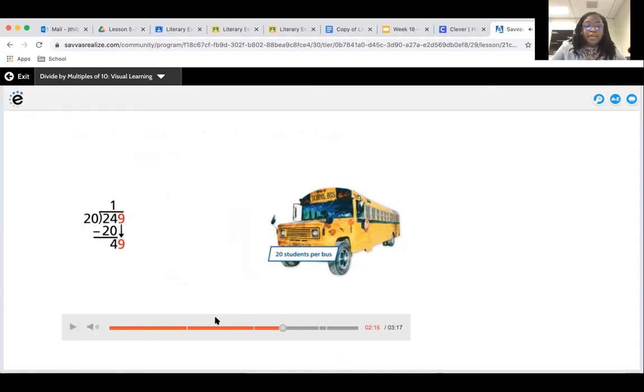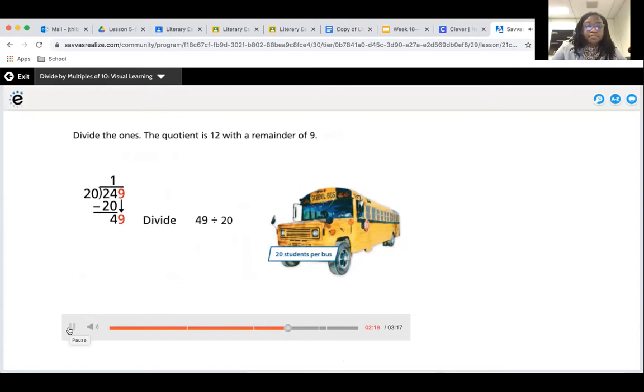Okay, so here we get the ones. Divide: 49 divided by 20. Multiply: 2. And these are all steps of division: divide, multiply, subtract, bring down, repeat, or remainder.